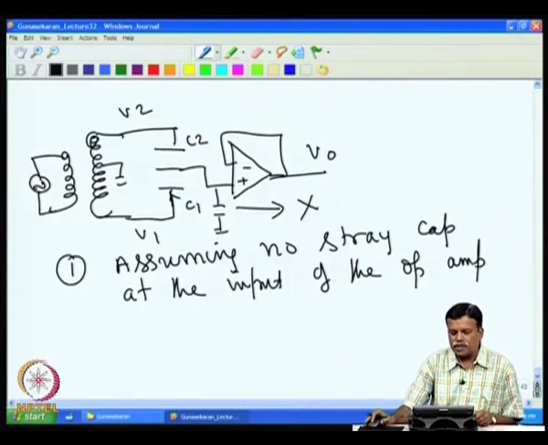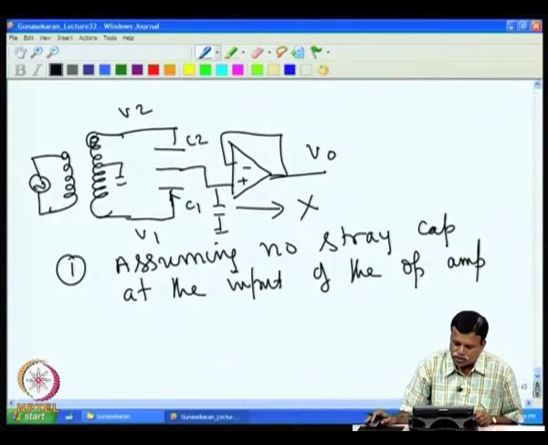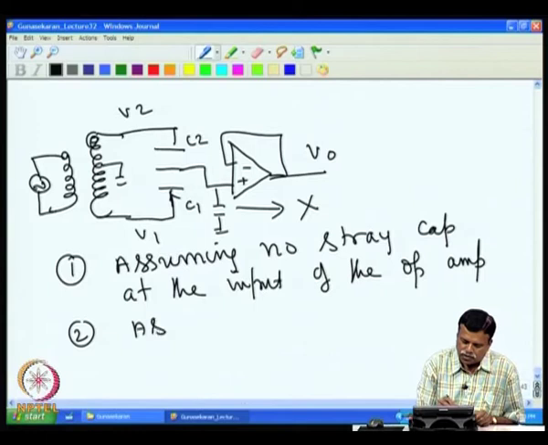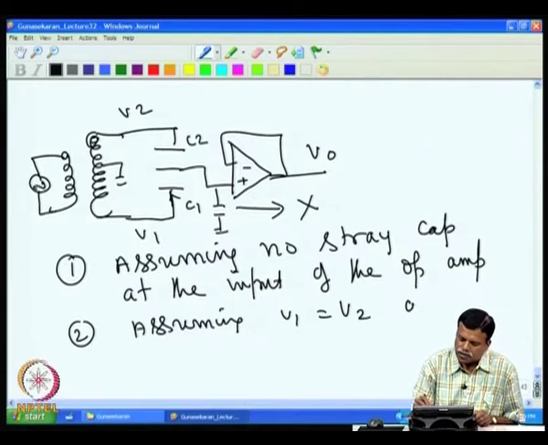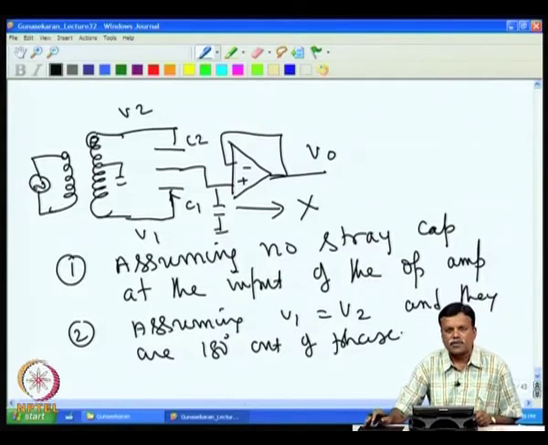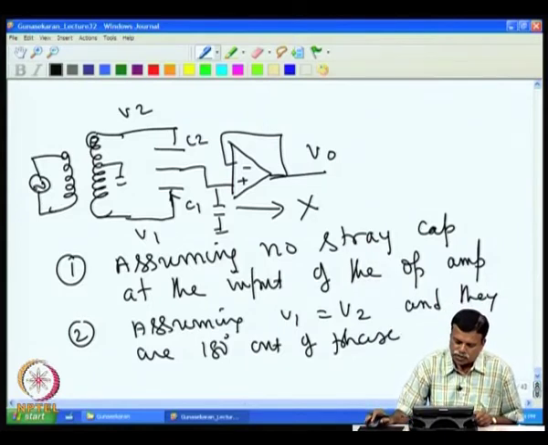So, we will analyze assuming there is no effect due to this. The second assumption is that V1 equals V2 and they are 180 degrees out of phase, because this is a transformer, and 180 degree phase difference automatically happens. So, there is no problem with that.